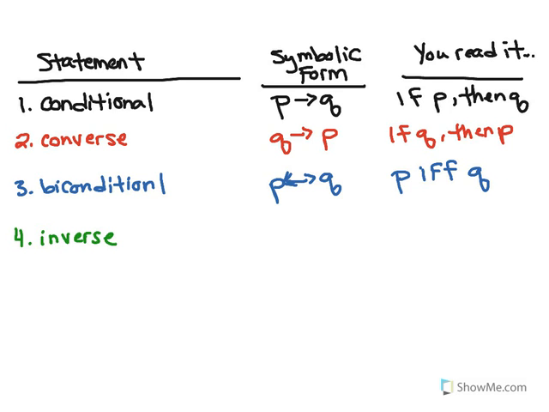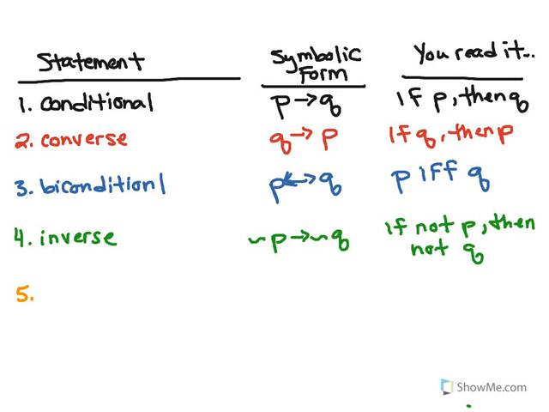So what the inverse is going to look like is the hypothesis and the conclusion are in the same place, except we're negating them. Well, we use the squiggle that's on top of our congruent symbol to say not. So not P, then not Q. So we read this, if not P, then not Q. So the squiggles mean not.